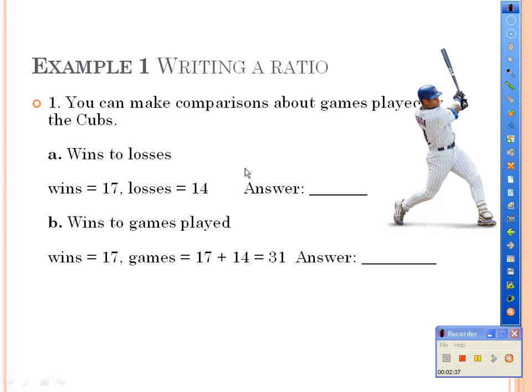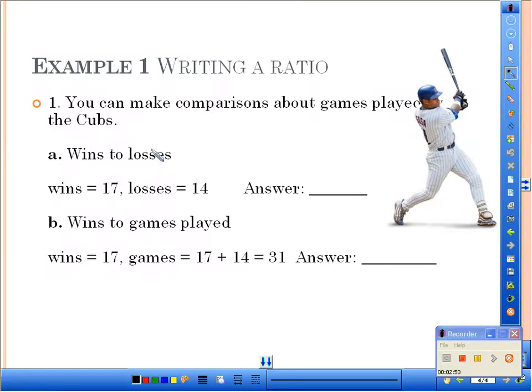Let's try an example. Let's make a comparison about game players from the Cubs. First, let's start with wins to losses. We're going to write our answer into three different forms. First, you can write it using the colon. So we would say 17 colon 14.